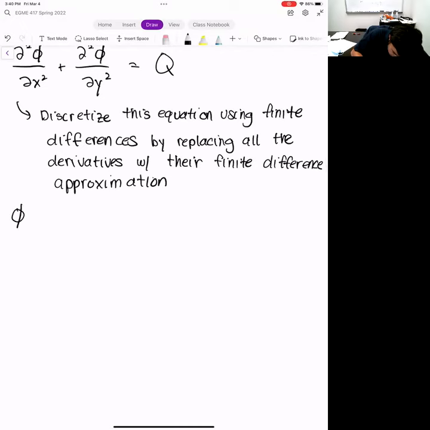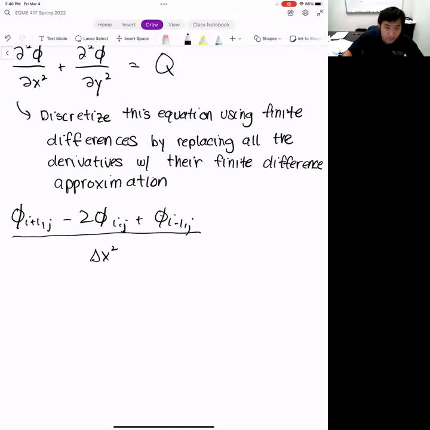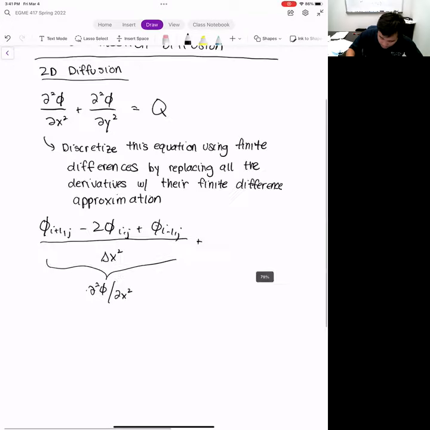Okay, and so first we have partial squared phi partial x squared. And so that finite difference approximation is phi i plus 1 comma j minus 2 phi i comma j plus phi i minus 1 comma j, all divided by delta x squared. Right, so remember, all of this is partial squared phi partial x squared. Okay, plus we're going to have the same thing but for y.